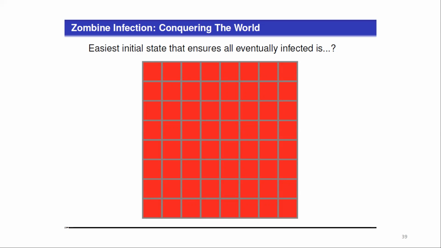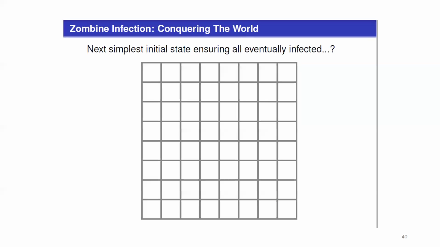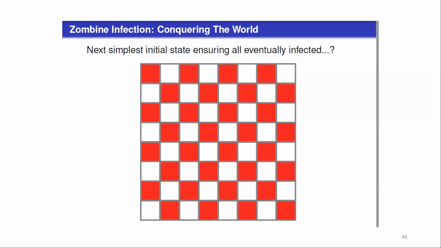If we removed any one cell, that would be better, because we know that cell would then be infected. Think back to the first problem we did. What was the first problem we studied? We're looking at placing tiles on a checkerboard. If we do a checkerboard pattern, then everybody gets infected in one turn.